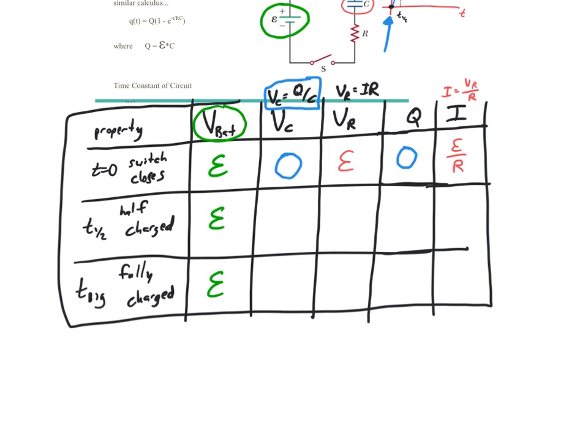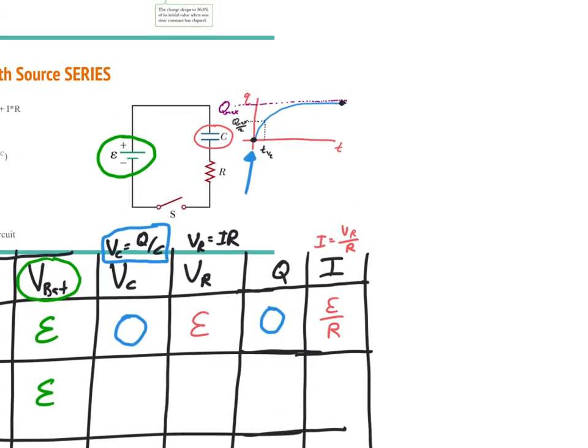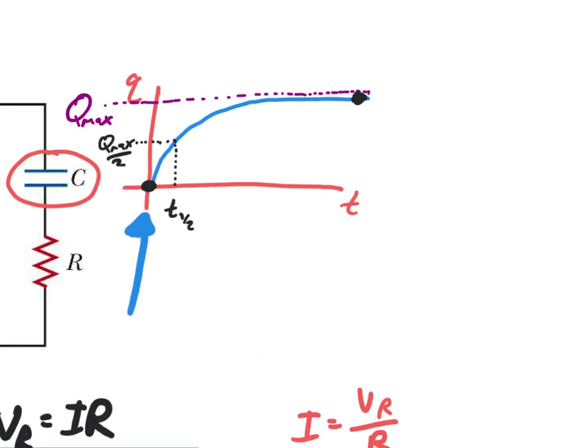Fully charged. Fully charged is actually an easier one, but it's only easy if you know a very specific concept. Remember that there's a relationship between the charge and the current. At this point in time here, in green, the charge is constant. The charge is not changing.